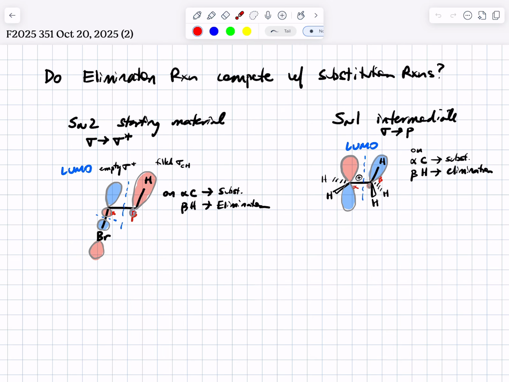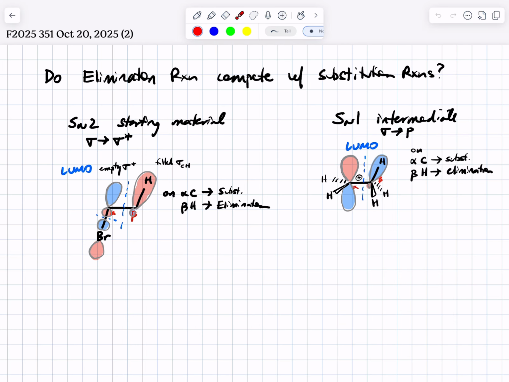In the case of the starting material for the SN2 reaction, that empty orbital is the sigma star. In the case of the intermediate for the SN1 reaction, that empty orbital is the p orbital on the carbocation. And the consequences of hyperconjugation are basically two. First, the electrons in the adjacent CH bond spread out towards the empty orbital. That's stabilizing because it involves delocalization. And the second consequence is that the LUMO, the empty orbital, spreads out onto the adjacent atom.